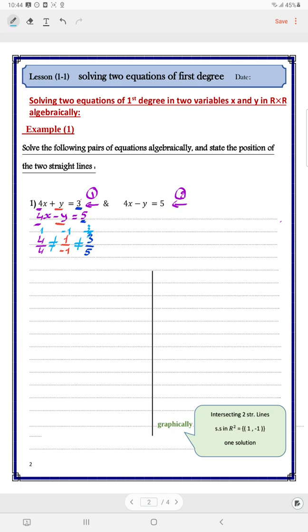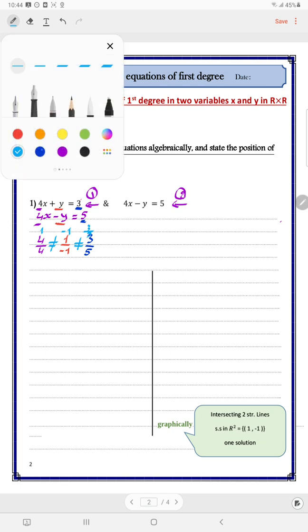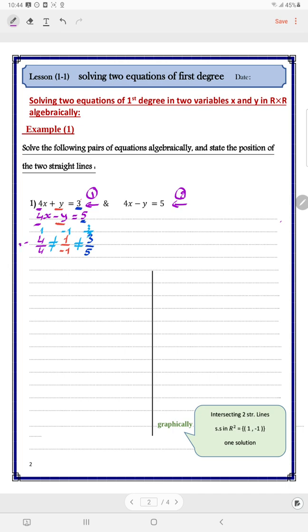In this case, since the three ratios are different, therefore L1 intersects L2. Here, the two straight lines are intersecting lines. So I need to continue solving to find the solution set. But if the two straight lines are parallel or coincident, I can write the answer directly.